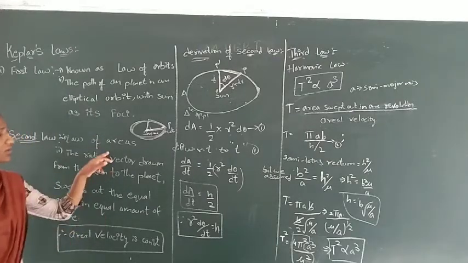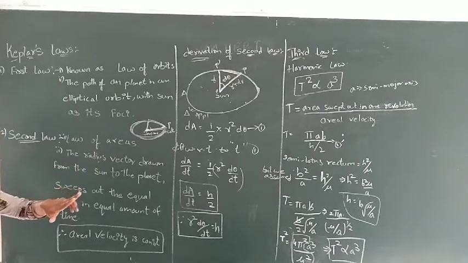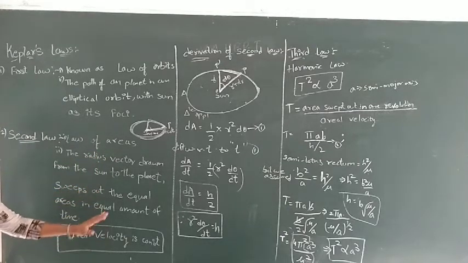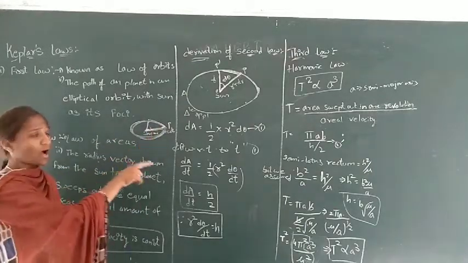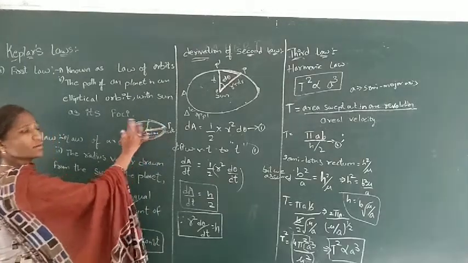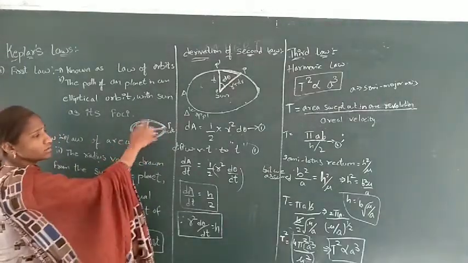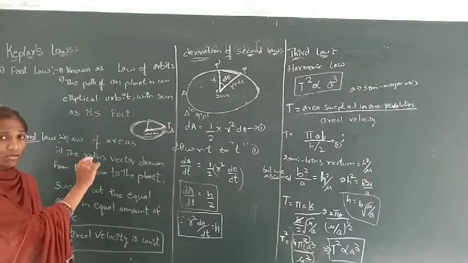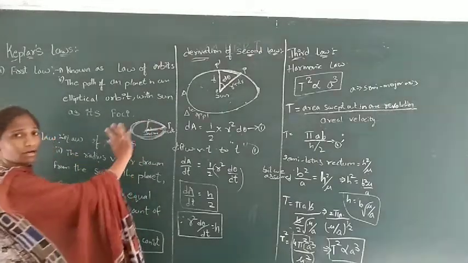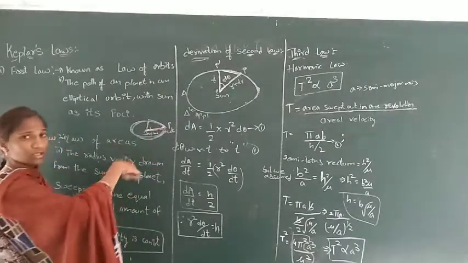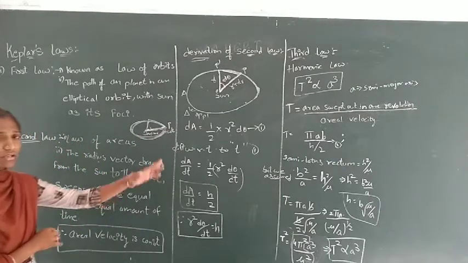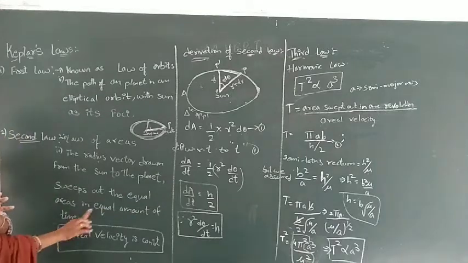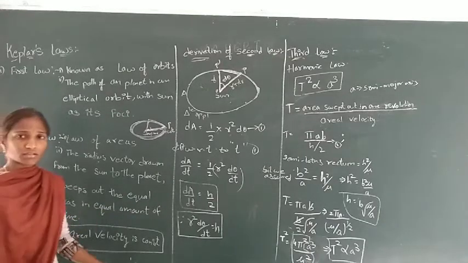Now the second law is about areas. It explains the distance from the sun to the earth, and how much area will be covered while moving around the sun in a particular elliptical shape. It also states that the area velocity acts as a constant.